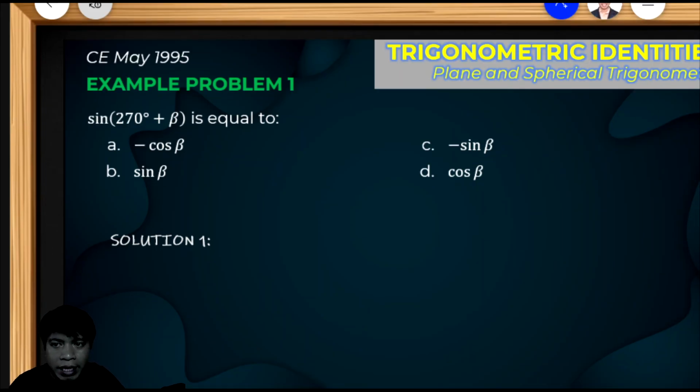So we know, guys, that this problem is actually a sum of two angles. So we need our formula. Of course, let's go to our formulas from earlier. Take note that sine is what we're looking for, sine of the sum of two angles.